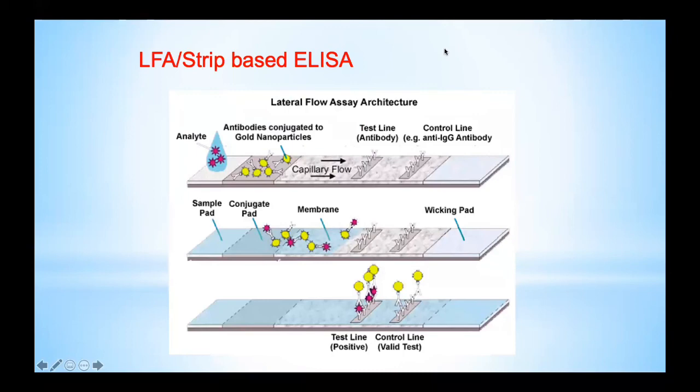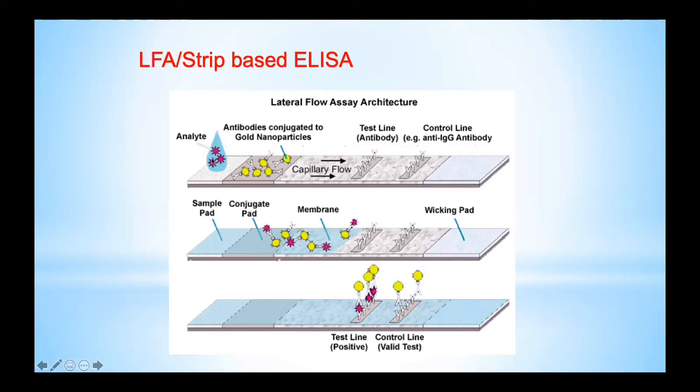Another common example of immunosensor is based on lateral flow. This is quite common, where people usually refer to it as test strips. Here we have the analytes. It might be serum, sputum, or, for example, throat swab or nose swab.